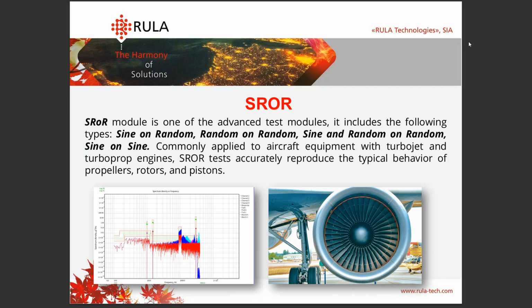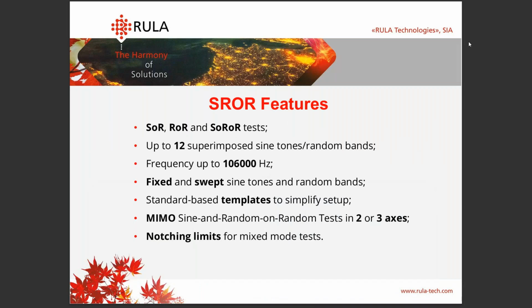Besides, they may imitate certain operation conditions much closer, like those on board a helicopter or other aircraft, for instance. The capabilities of the software allow superimposing up to 12 sine tones or random bands over the base random spectrum. And it is also worth mentioning that notching is also available for superimposed tests.